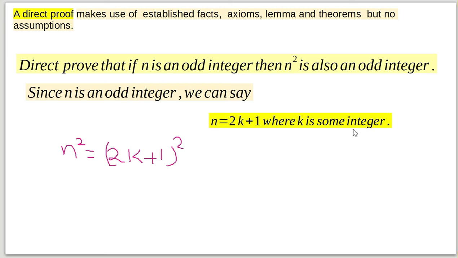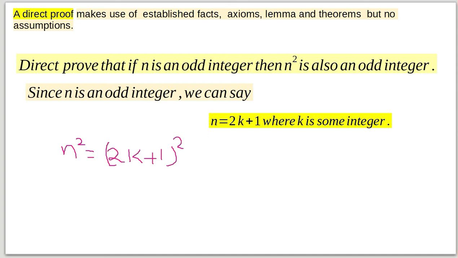Now we want to use this expression to show that n squared is an odd integer. So we have n squared is equal to (2k plus 1) all squared.